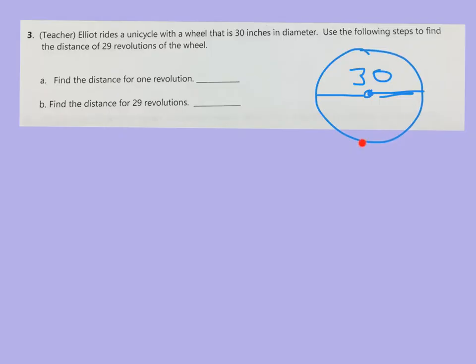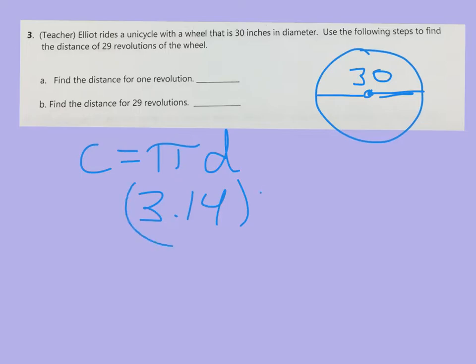We're going to measure the distance around the wheel. If you cut it and flatten it out, what distance would that be? So we need to find the circumference. Let's write that formula. Circumference is pi times the diameter. They gave us the diameter, so all we need to find is 3.14 times 30, and that is the distance of one revolution.